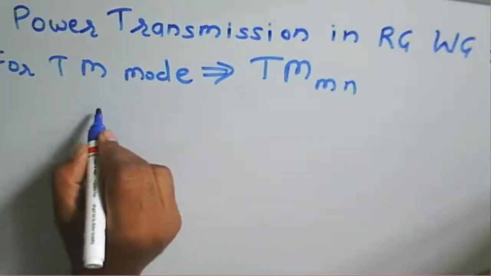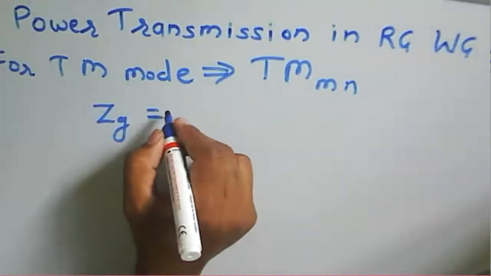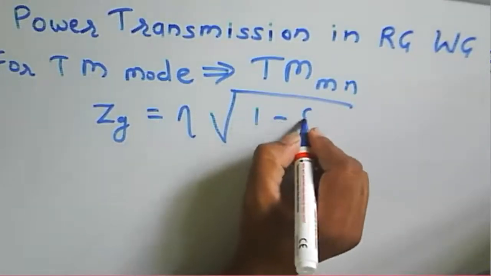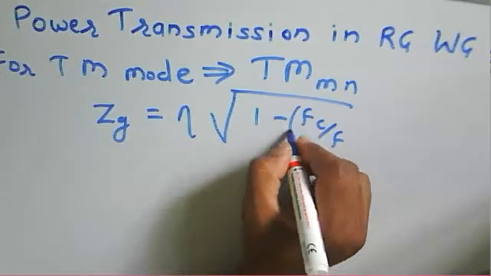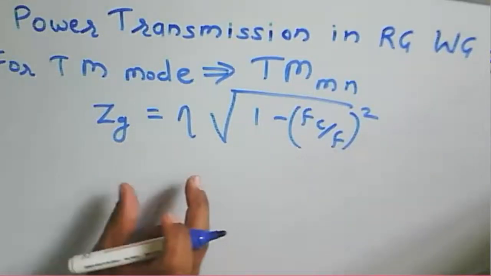So in this particular mode, Zg is nothing but eta into under root of 1 minus (fc by f) whole square, where fc is the cutoff frequency and f is your signal frequency.